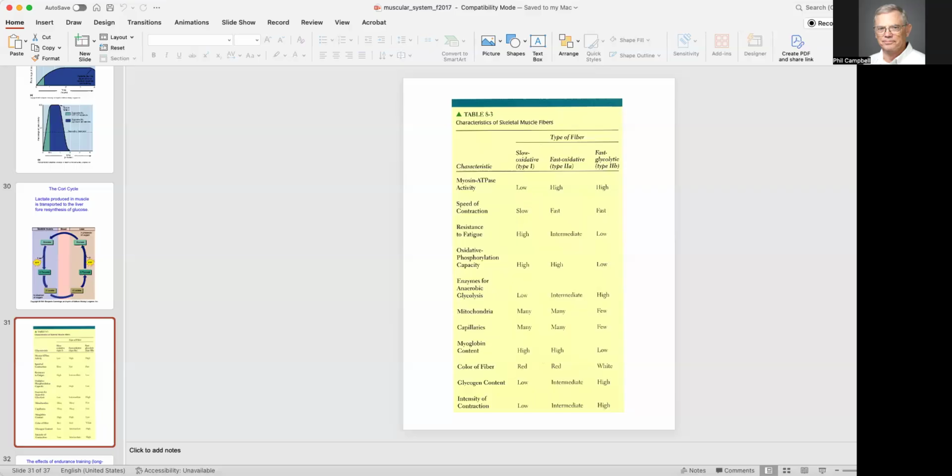So simple bursts. If you've ever watched a wild turkey fly, they primarily glide. They do a couple of quick strokes to get up and then they glide. And they can only do that for short distances. Their primary fibers are those fast glycolytic.